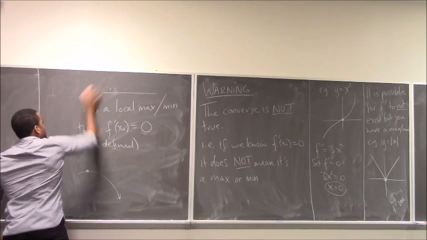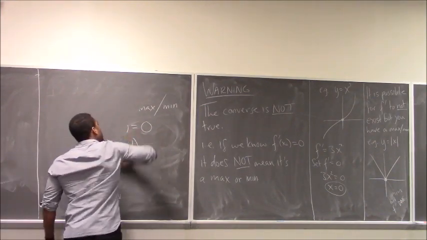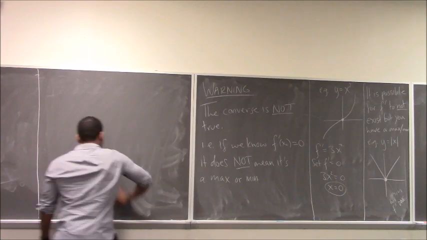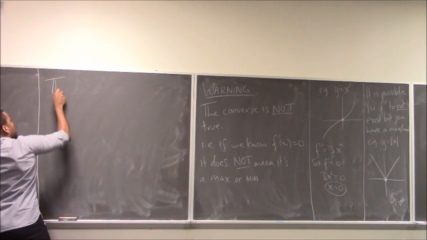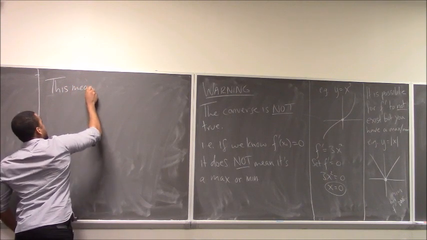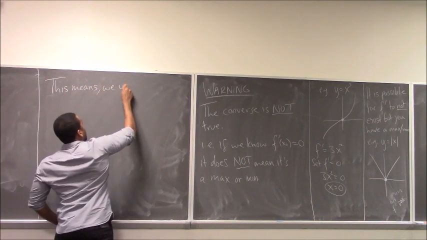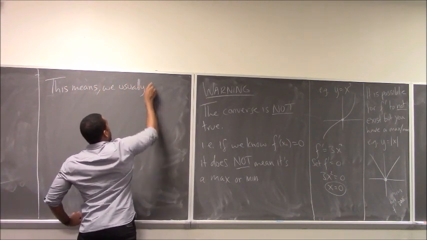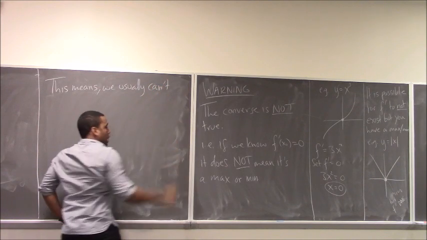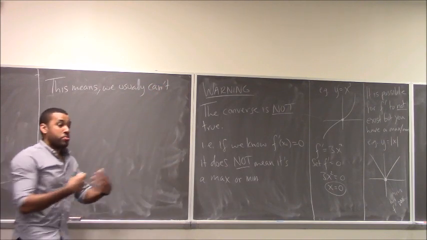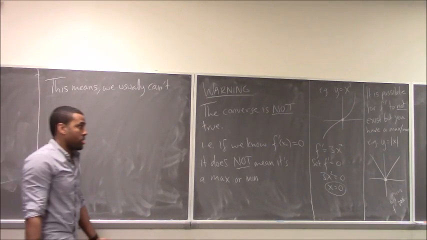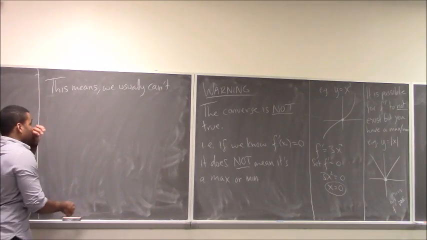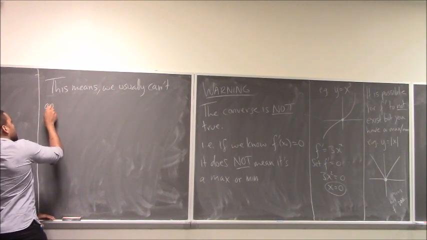So you have to be careful how you're applying Fermat's theorem. In general, what we want to do is find where the maximums and minimums are, so we won't know where they are in the first place, and so the theorem seems useless. But we can apply Fermat's theorem directly.